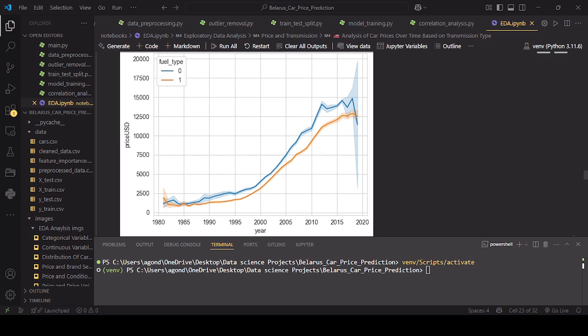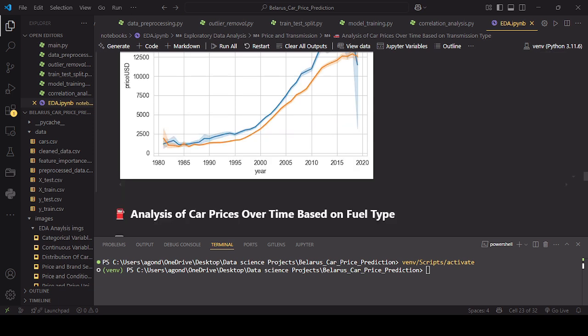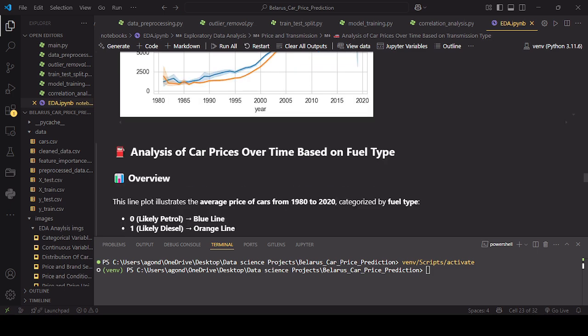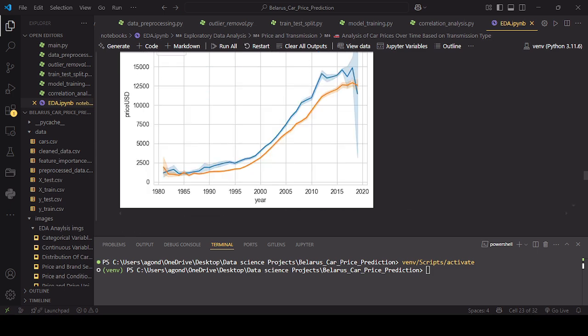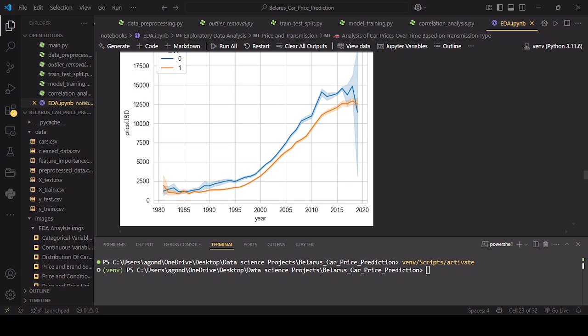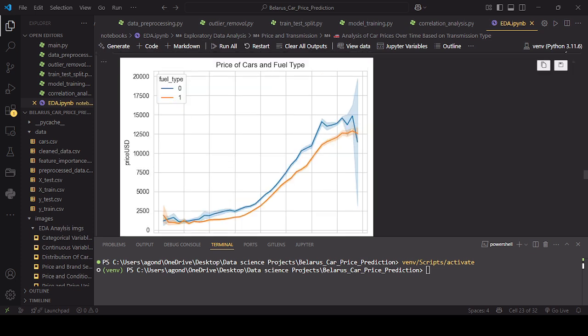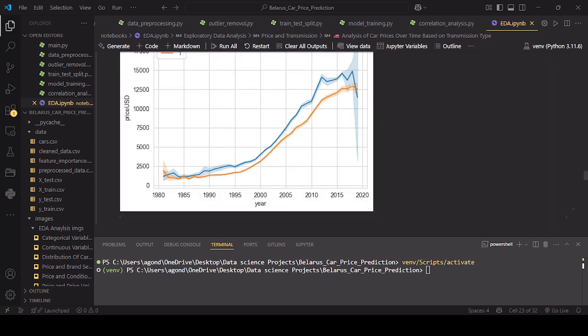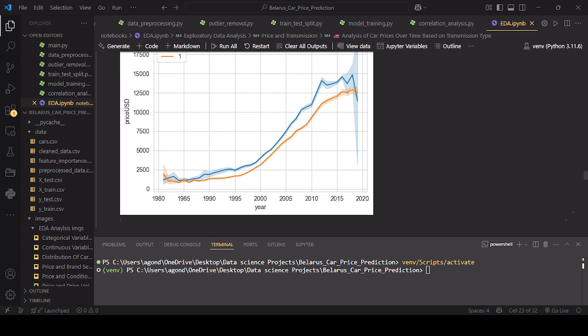Then we have taken the fuel part. We have the automated, likely petrol and diesel. There is not much of a gap between their prices, like we saw before in the automated and manual part. Both of them increased significantly after 2000, and the peak is around 2012.